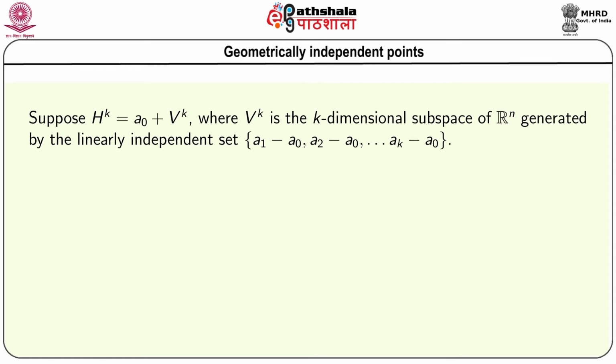Suppose Hk is A0 plus Vk, where Vk is the k-dimensional subspace of Rn generated by the linearly independent set A1 minus A0 to Ak minus A0.